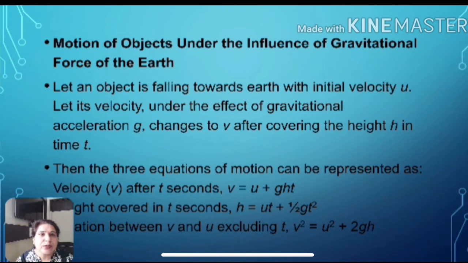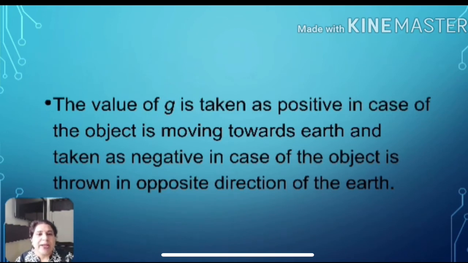We know s = ut + ½at², where s is replaced by h and a is replaced by g, so h = ut + ½gt². And v² = u² + 2as; instead of a we write g, so v² = u² + 2gh. For solving problems related to free fall, motion under gravity, we have to use these kinematic equations.